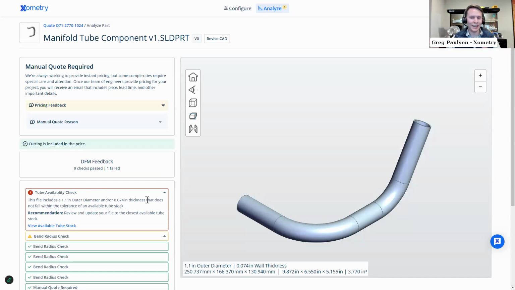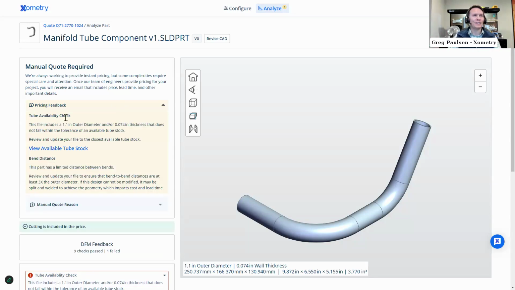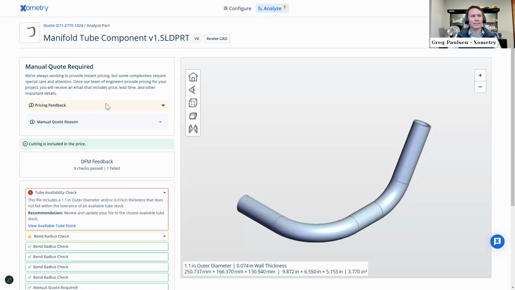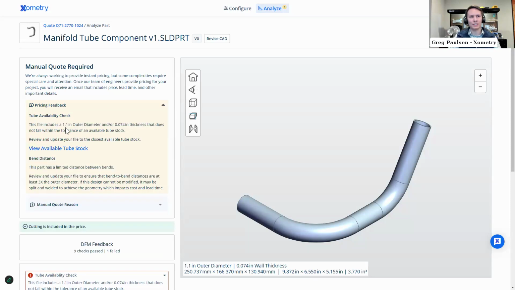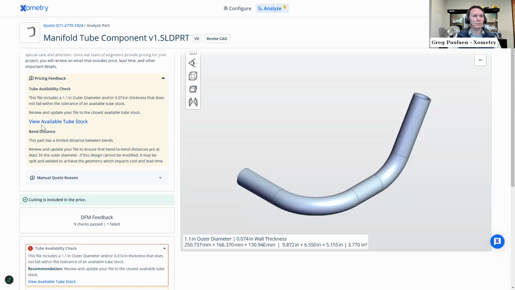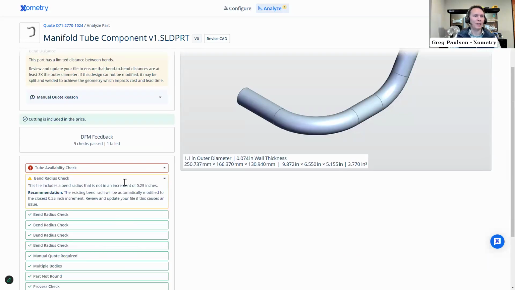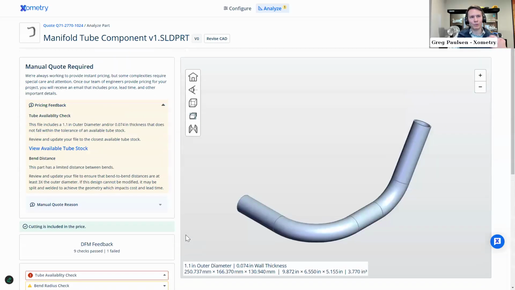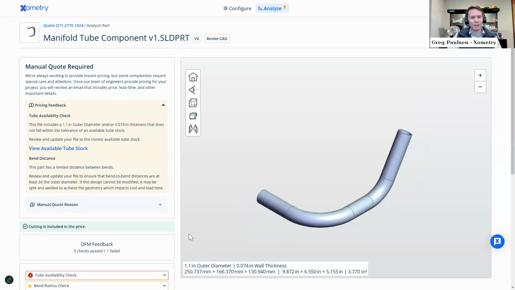We are actually looking at that and comparing it against design best practices. So I could take a look at this really quickly and say, hey, that's not a standard outer diameter for this type of tube. The distance between bends has an issue here. And the bend radius, I have a different centerline radius.